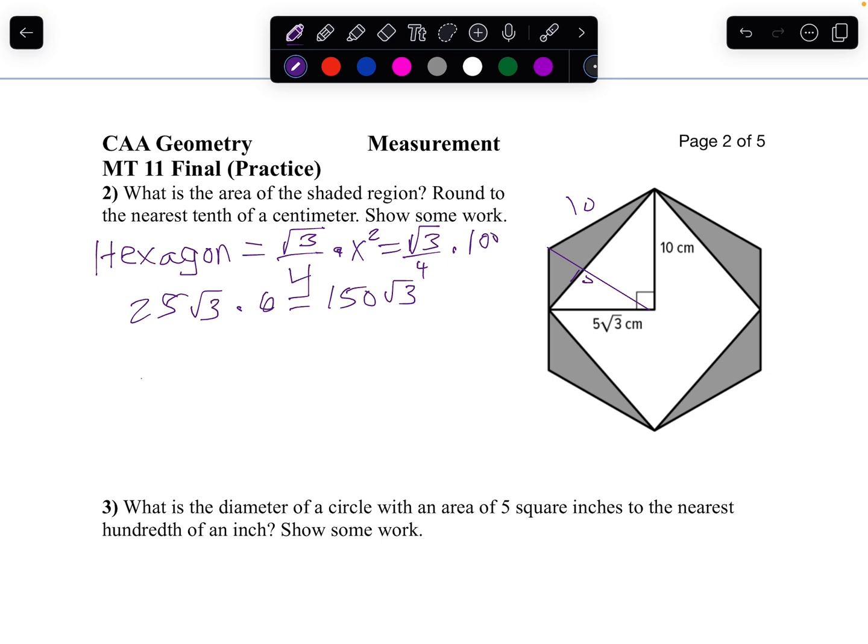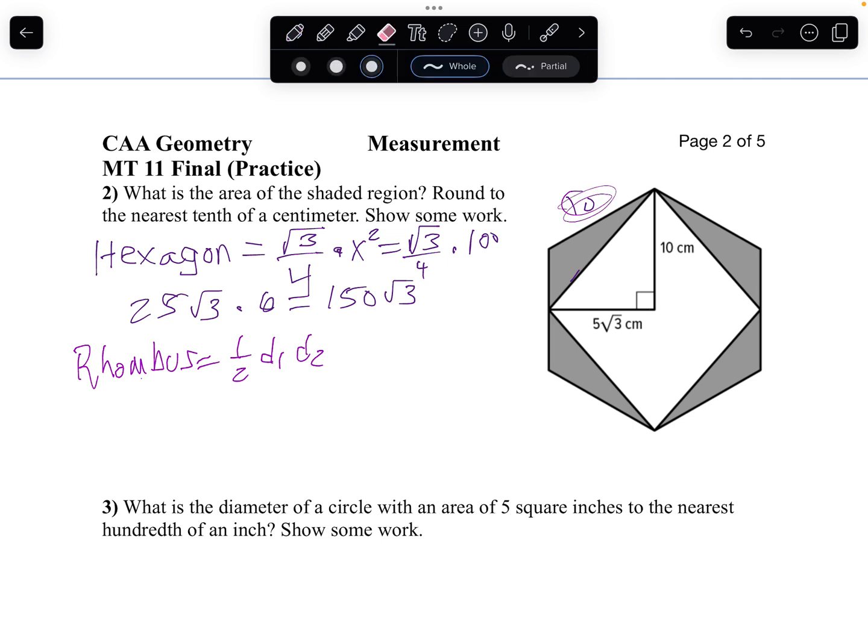Now it looks like we have a rhombus for the white region, so let's find the area of our rhombus. The formula for a rhombus is 1/2 diagonal 1 times diagonal 2. If I draw in my diagonals, let's erase that part from the hexagon and just work with a rhombus here.